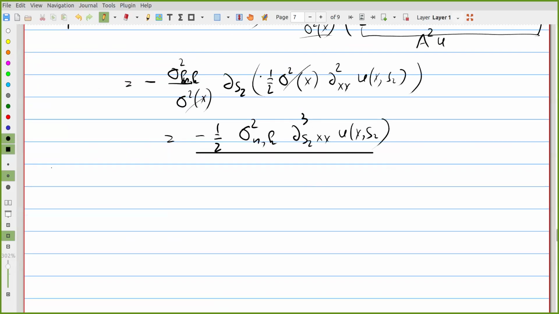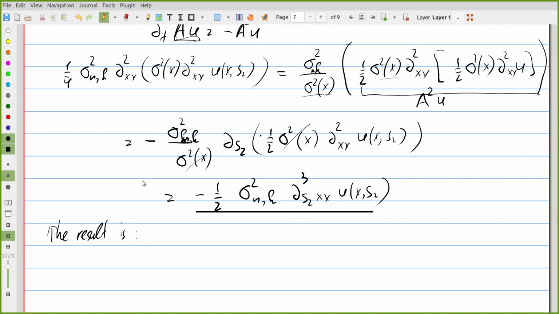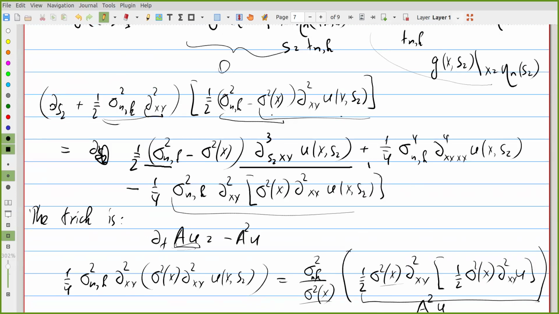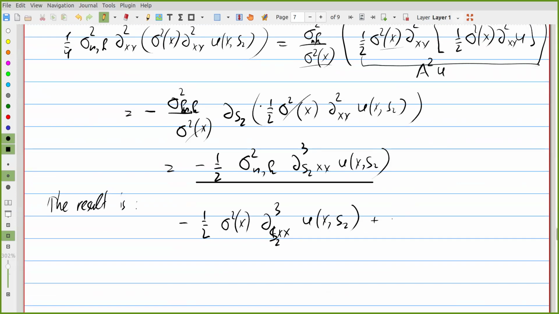So the result is minus 1/2 σ² x mixed derivative ∂_t ∂²_xx u_x(s2) plus this term, 1/4 σ⁴ η_nk u_x(s2).